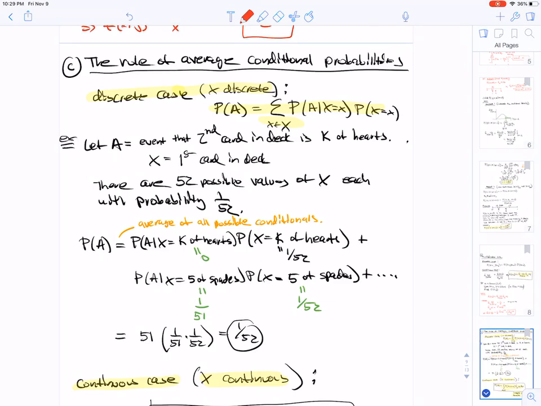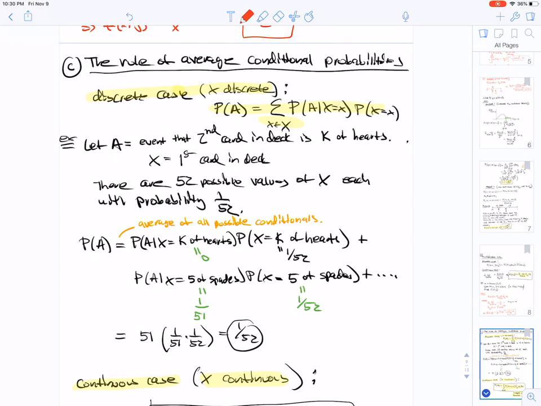For example, if A is the event that the second card in a deck is the king of hearts, say that I don't know that the probability of that is 1 over 52. I could just condition on what the first card is, and run over all the different values of that first card. There are 52 possible first cards, but if the first card is the king of hearts, the chance of the second being king of hearts is 0.